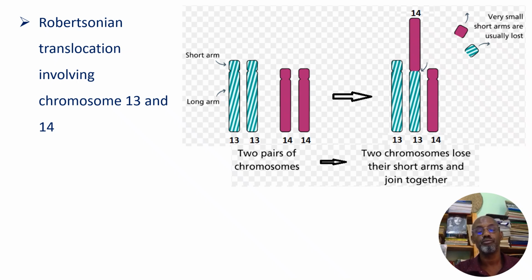When these chromosomes undergo translocation during meiosis, you can see that the two pieces are lost. They are joined or they are individually lost from the nucleus. And this one 14, this one 13, these are translocation chromosomes. Chromosome 13 translocated, on which chromosome 14 has been translocated. You see?